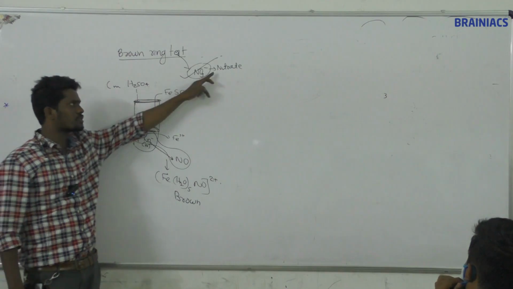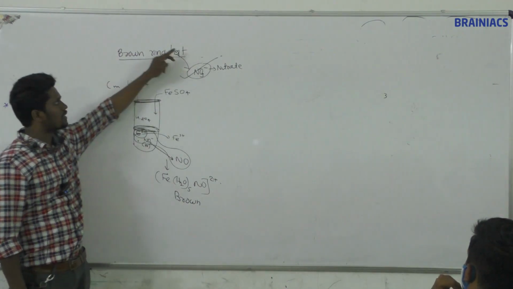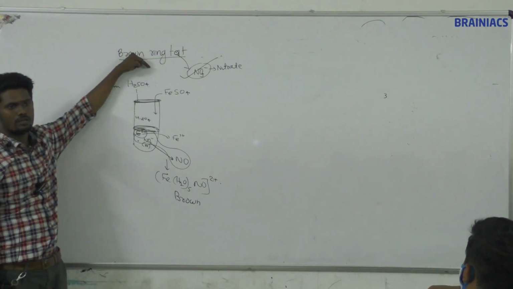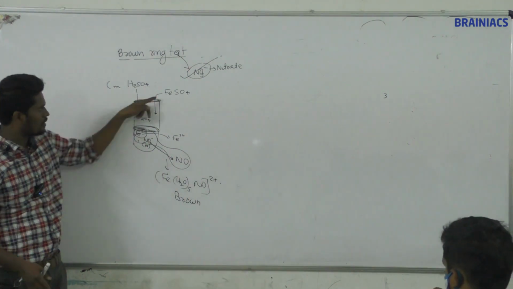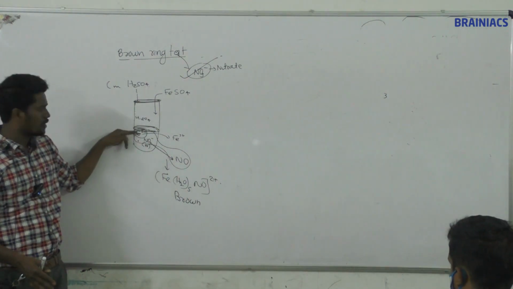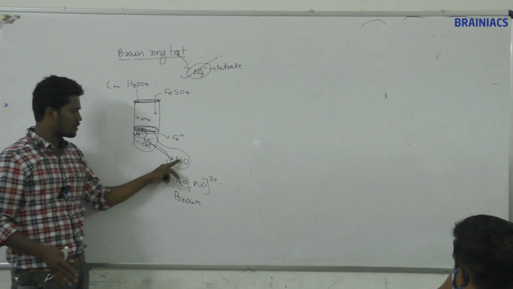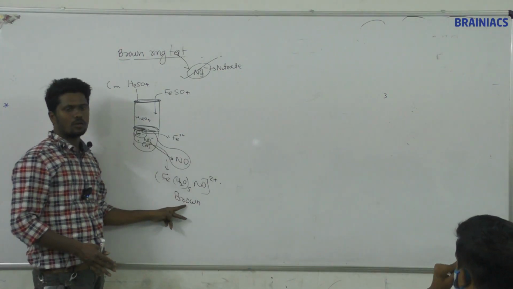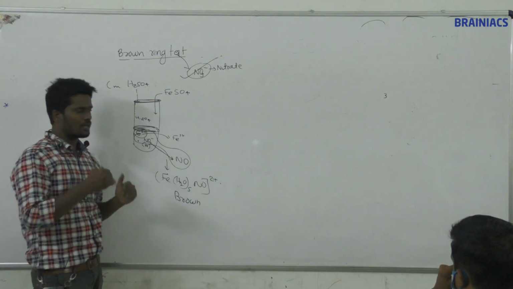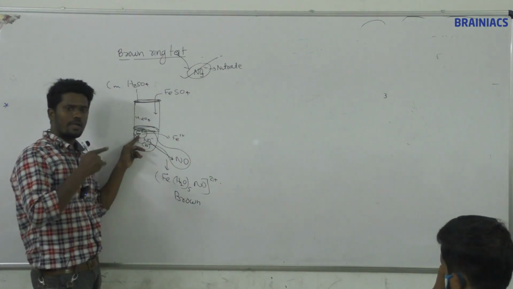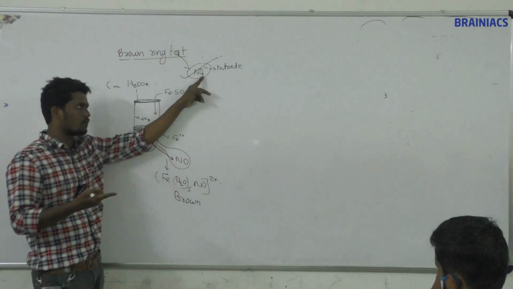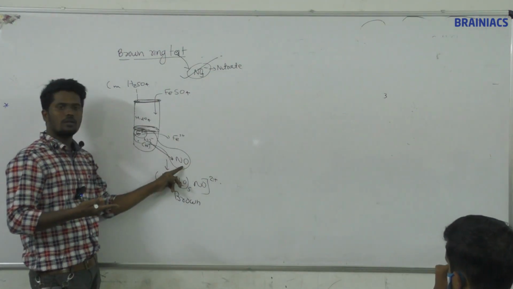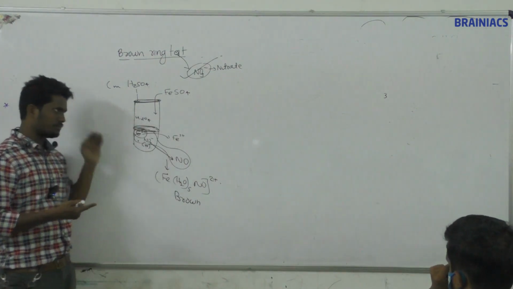It indicates the presence of nitrate. The test is called the brown ring test. What is exactly happening is that Fe2 plus reduces NO3 minus into NO, then they combine to give the brown colored complex compound. So this test depends on the ability of Fe2 plus to reduce nitrate into NO.